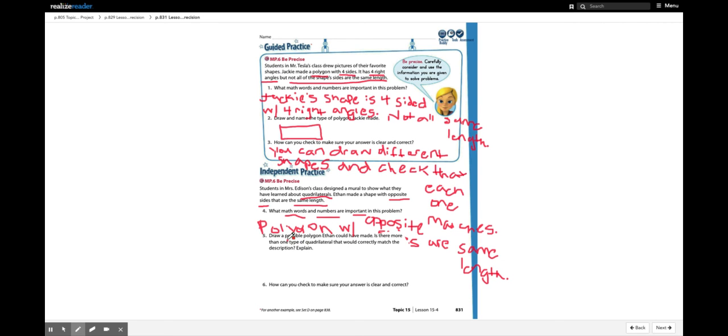So we need to draw a possible polygon that Ethan could have made. And is it asking you if there's more than one type of quadrilateral? So what possible polygons could we have drawn?